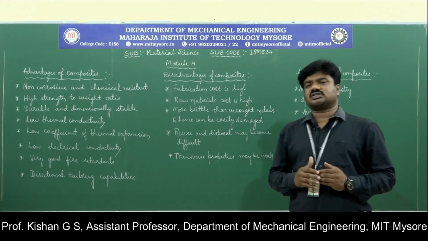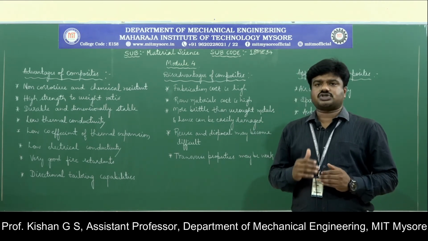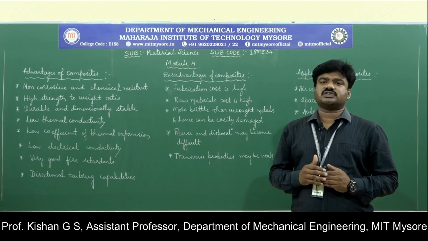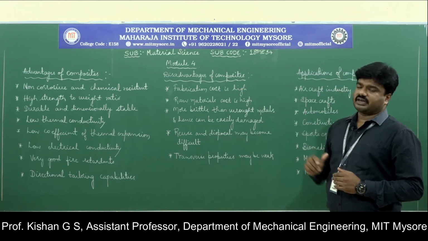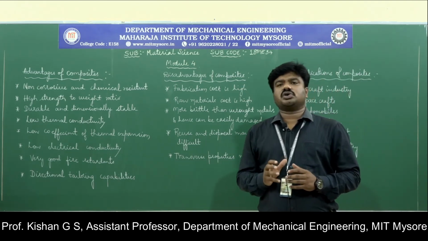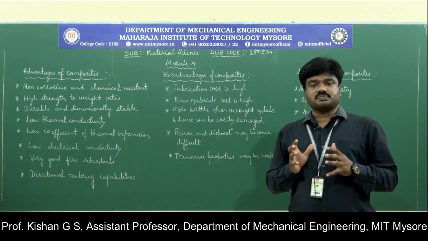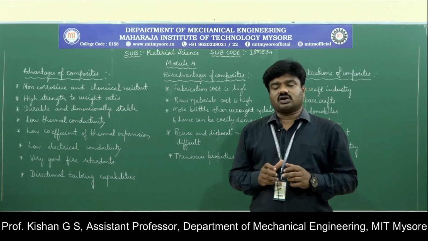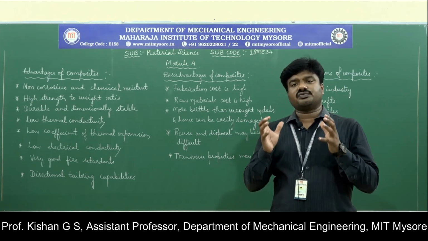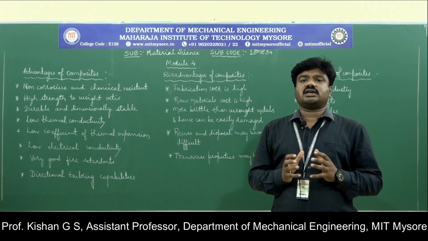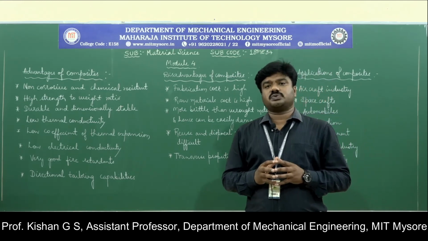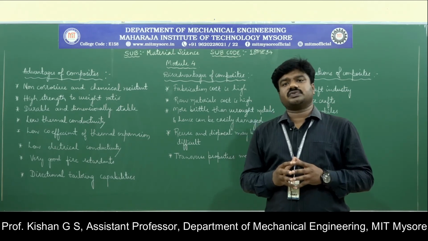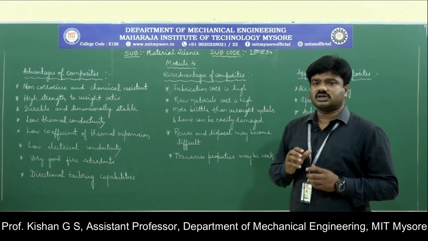The first one is fabrication cost. Since we are targeting two or more materials in two different phases, matrix and reinforcement, blending the reinforcement in the matrix phase becomes a huge investment at the start. Hence fabrication cost becomes very high and is one of the major disadvantages.